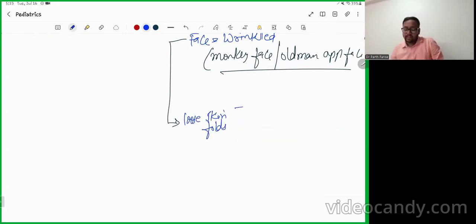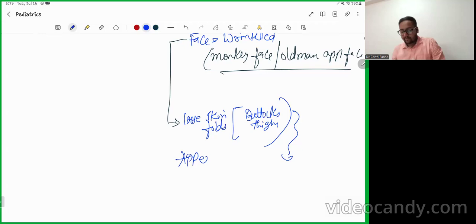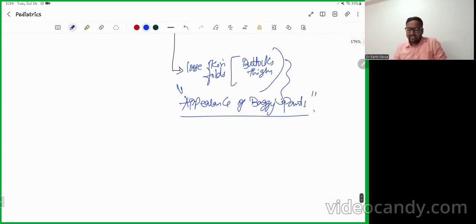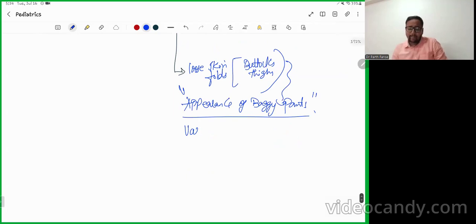Loose skin folds are seen on the buttocks and thighs, and that is why they give an appearance of baggy pants. The appearance of baggy pants is seen in marasmus.